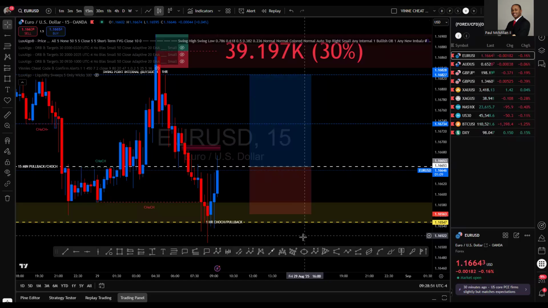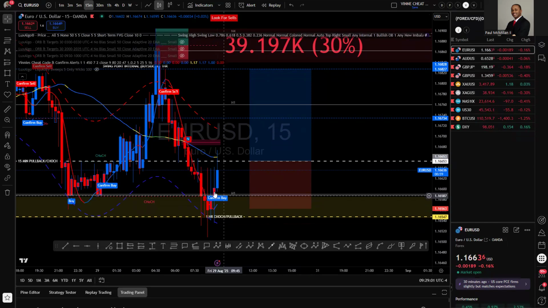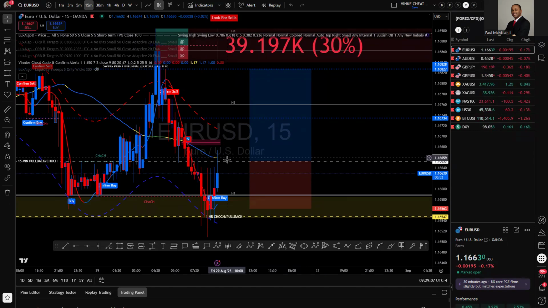Oh, so we've got a little bit over a minute before the market officially opens. We do have a confirmation bar on Gilly's indicator as well. Maybe this is saying the price is going to go up to here.